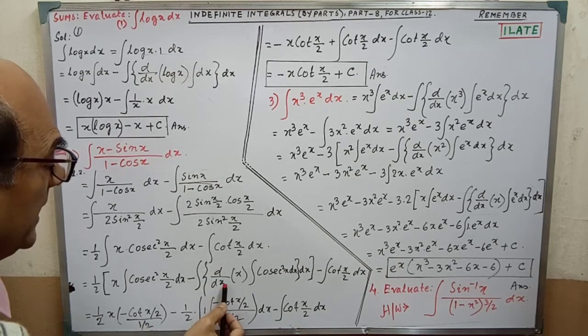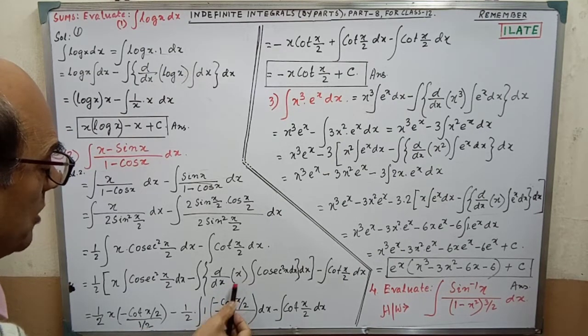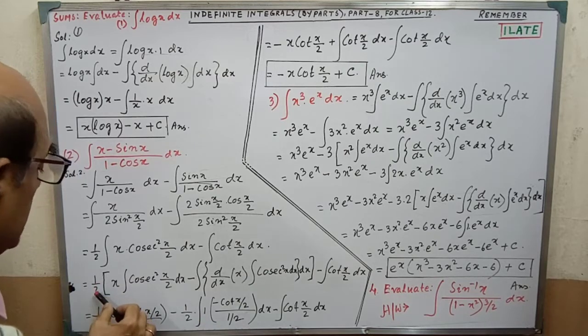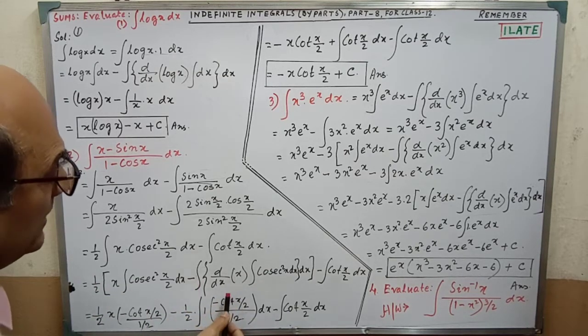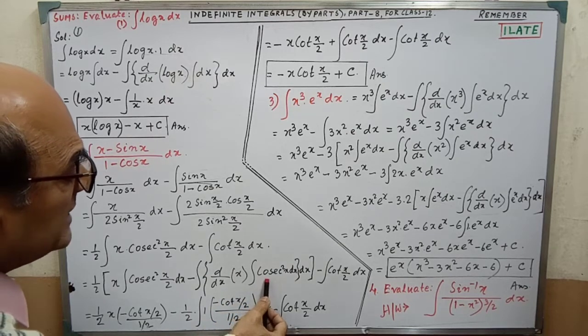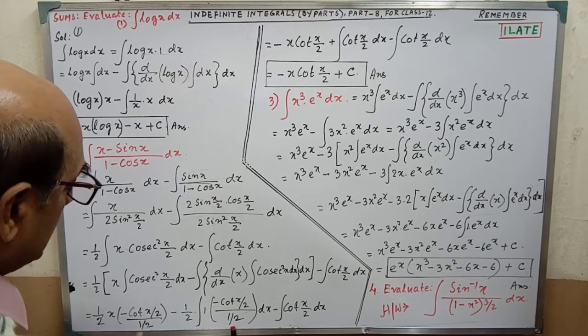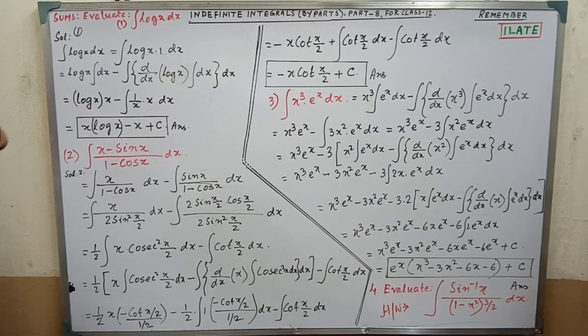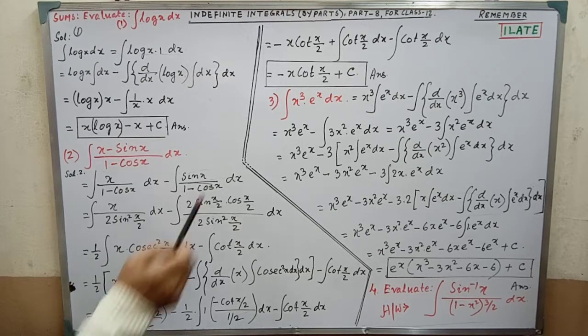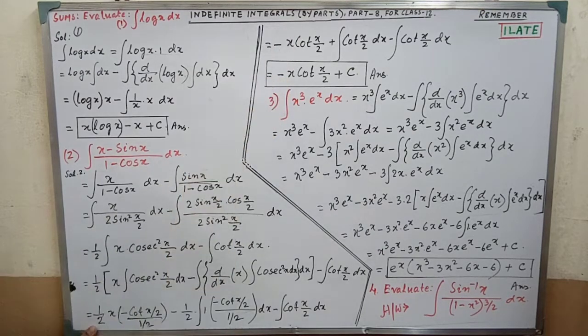And here differentiation of x is 1, and this half will come here, and integration of this will be exactly the same thing, and it will remain the same. Now we have to simplify. This half and this half will be cancelled, and here is minus, so it is coming minus x cot x by 2.